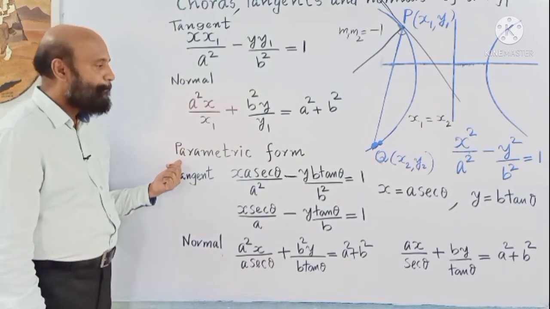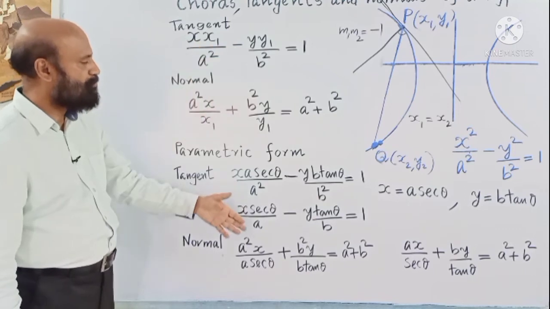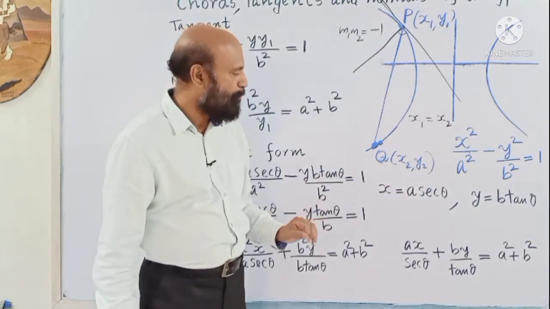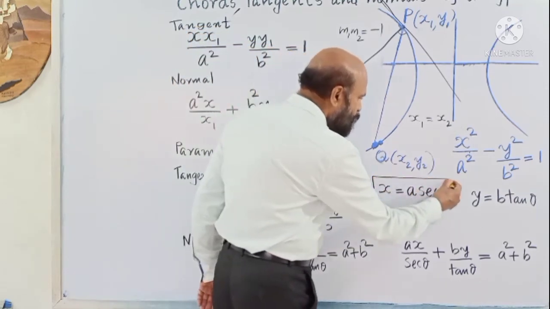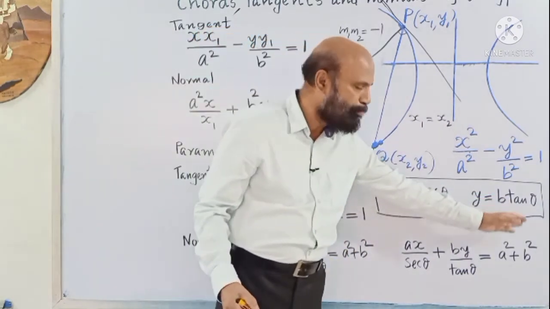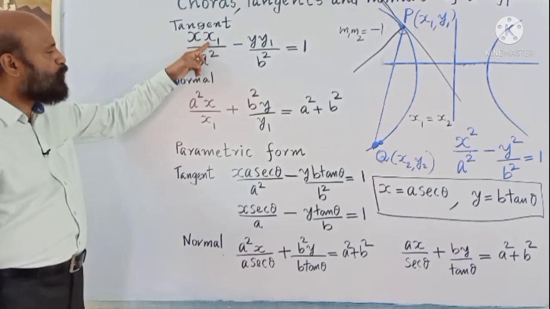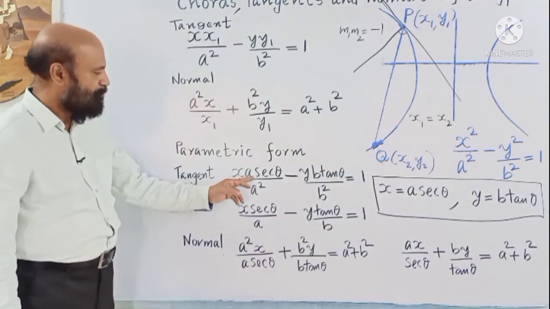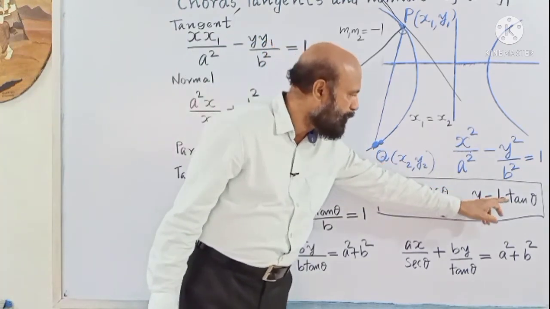Then the parametric form. The parametric form also you can get from this. You have to remember the parametric equation of a hyperbola. The parametric equation of a hyperbola is x is equal to a secant theta and y is equal to b tan theta. So in this you substitute, instead of x1 you substitute a secant theta. Instead of y1 you substitute b tan theta.